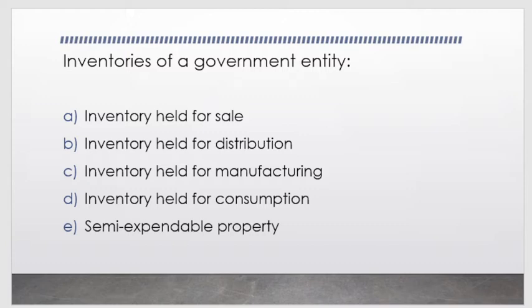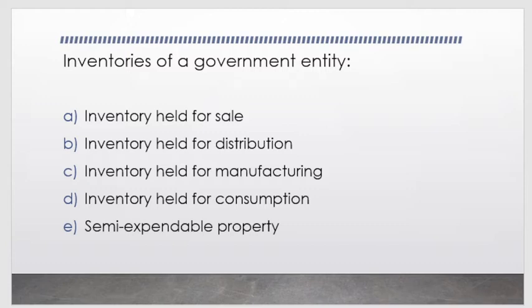Kapag machinery, equipment, kinaklasify natin yun as machinery and equipment. But in government accounting, there is yung tinatawag na semi-expendable inventories or properties. Because of the number of items ng machinery, equipment, furniture and fixtures, and other similar items of PPE, kailangan gumawa ng threshold for us to be able to easily dispense items such as semi-expendable.